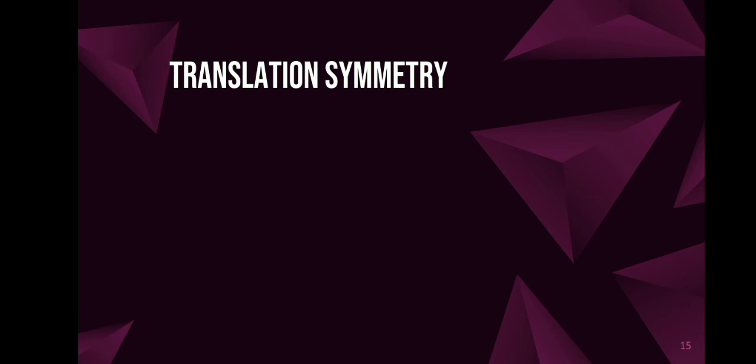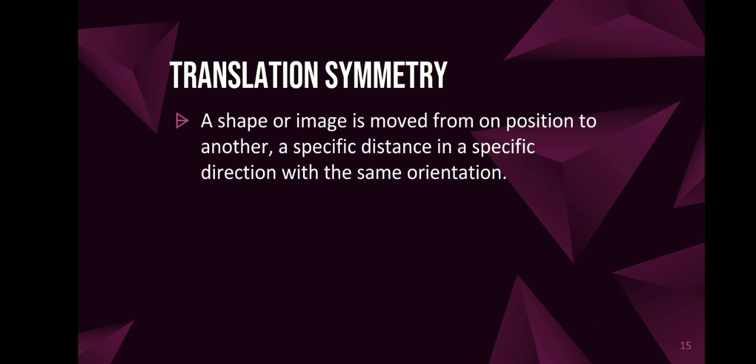The third type of symmetry is translation symmetry. A shape or image is moved from one position to another, a specific distance in a specific direction with the same orientation. Examples are a note and a plant.